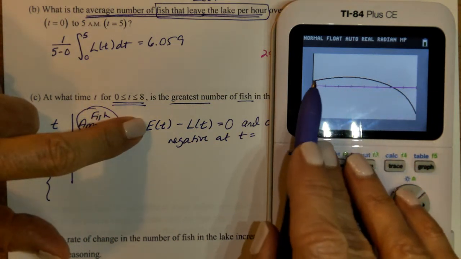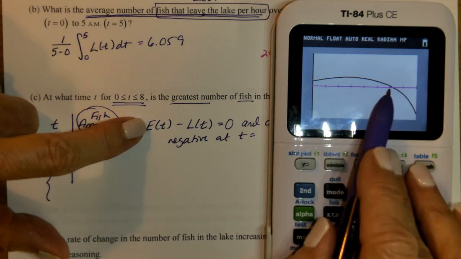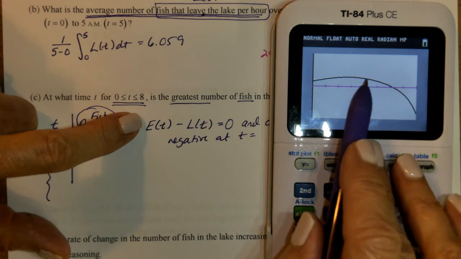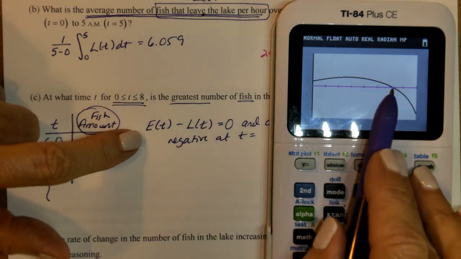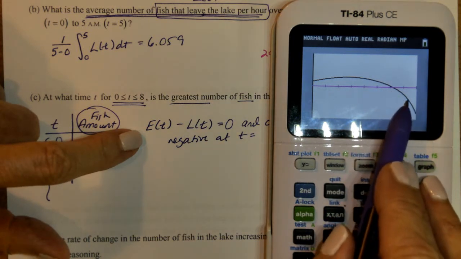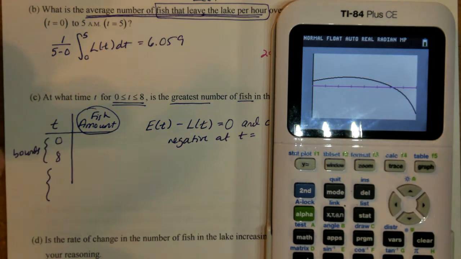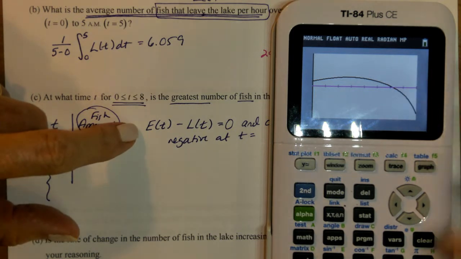That means from 0 to this time, whatever that is, the number of fish is always increasing. If the rate is positive, that means the number is increasing. And then after that time, the rate is negative, so the amount of fish is decreasing. So the amount is always increasing and then always decreasing. The absolute max has got to be at this time. Let's go find that time.